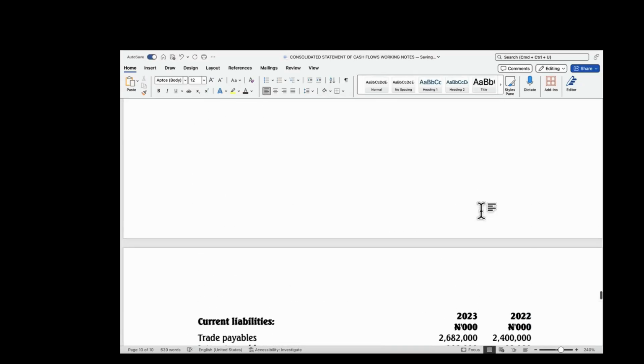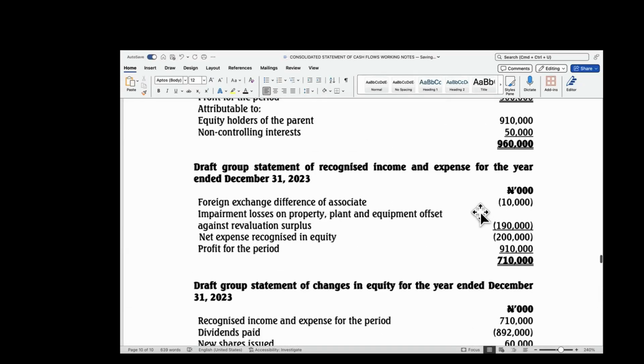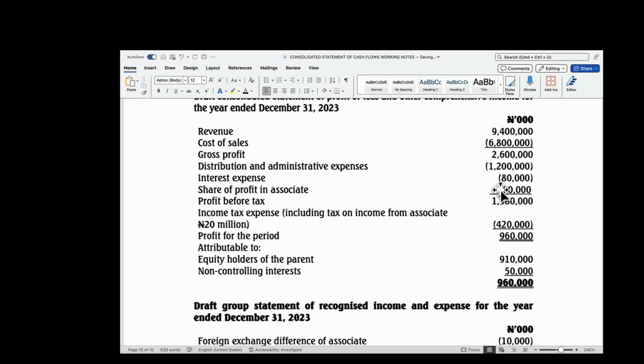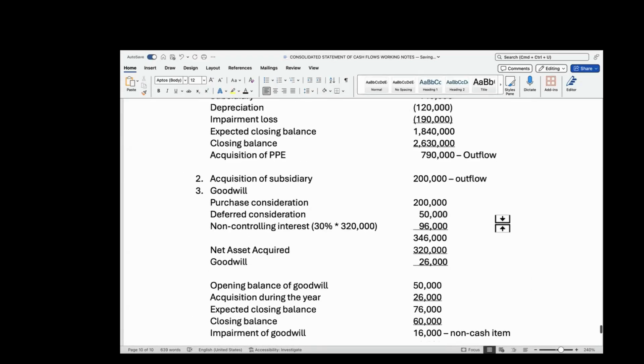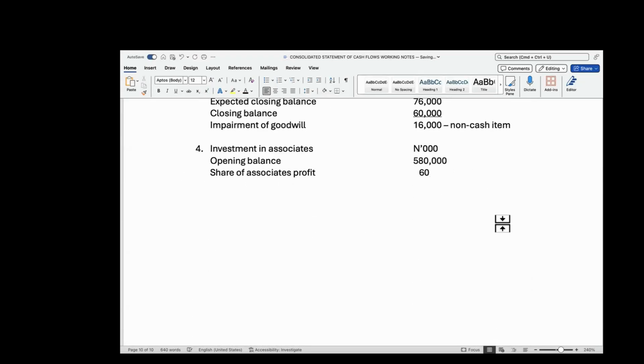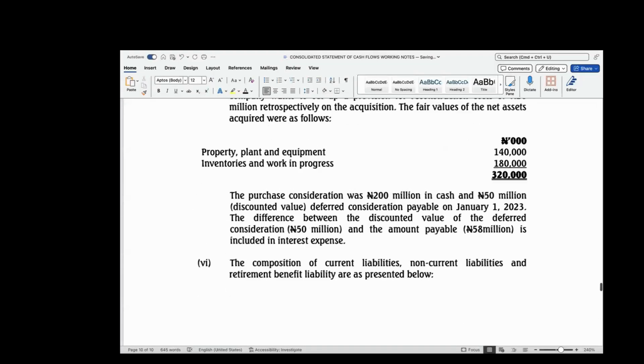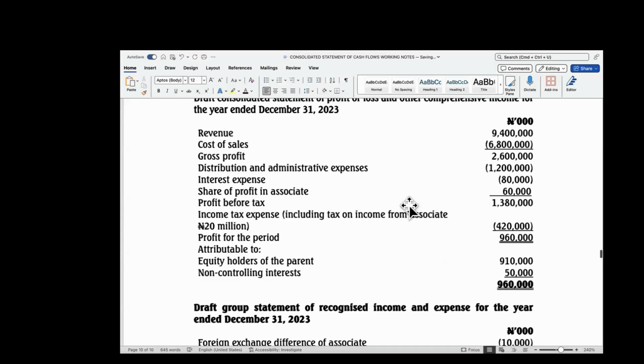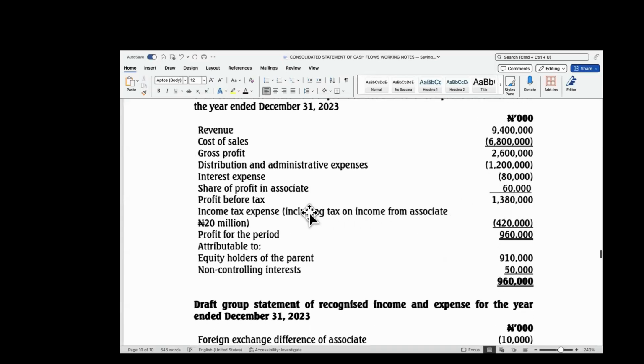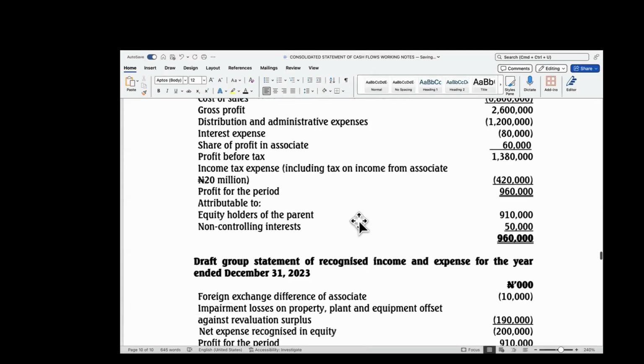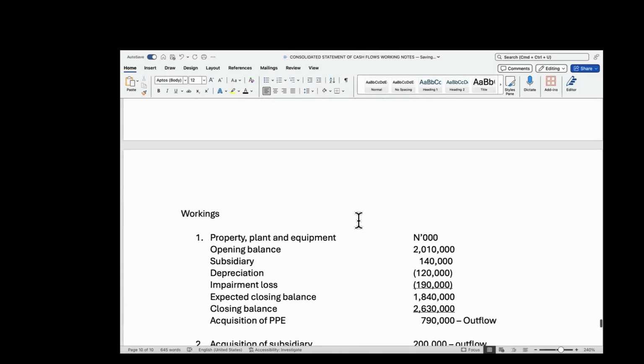We find this in the P&L. Share of associate profit is 60. Have you seen it? Then share of associate tax. Usually deduct tax elements. Find it in the P&L as well, which is included in this 420. So included tax on income from associate of 20. So we remove tax of 20.